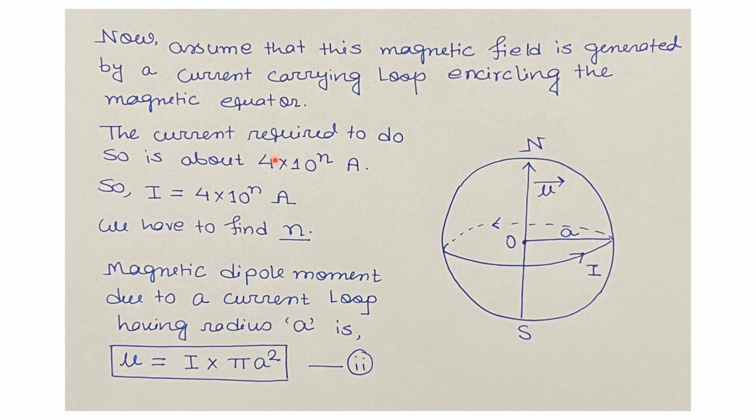The current required to do so is about 4 into 10 to the power n ampere, as given in the question. So our current I equals 4 into 10 to the power n ampere. We have to basically find this n value. Now we know the magnetic dipole moment due to a current carrying loop having radius a is given by mu equals I times pi a squared.